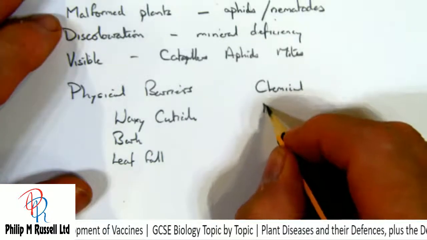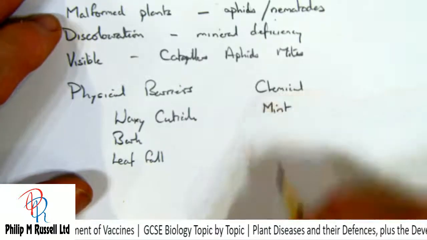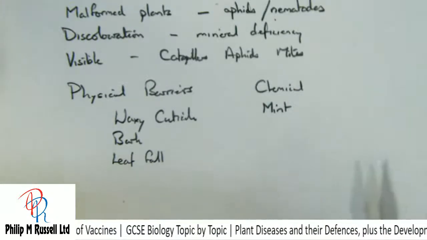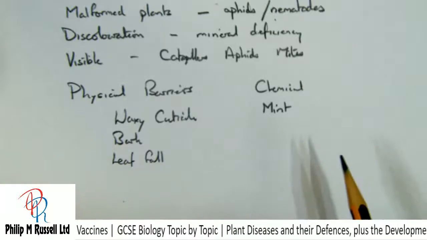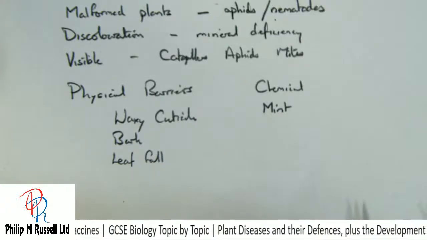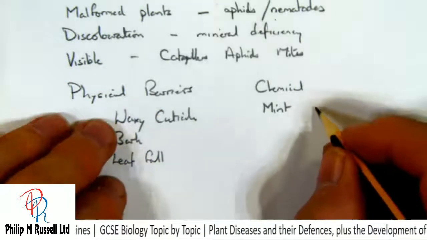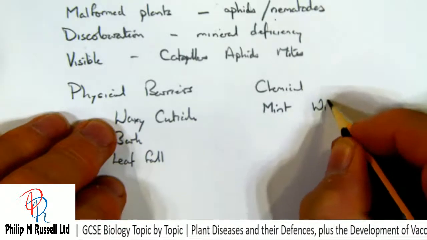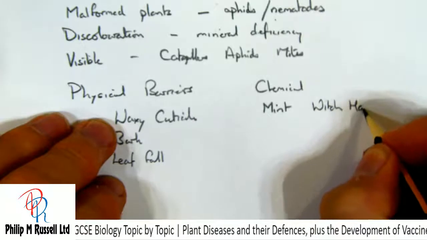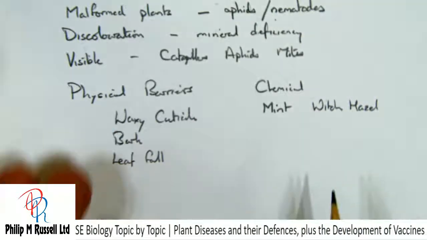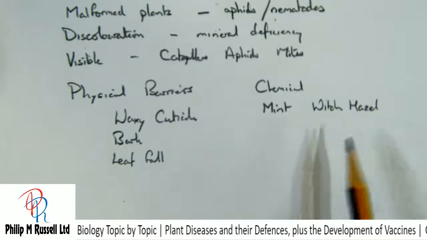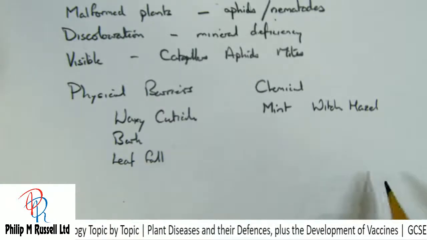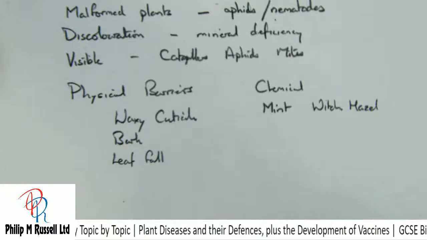One of those that you are probably aware of is mint. Mint tastes nice, but it's also used as a sort of mild antiseptic. Another one that you might meet is witch hazel. Sometimes put on wounds, and these are mild antiseptics and they're used in some medicines.